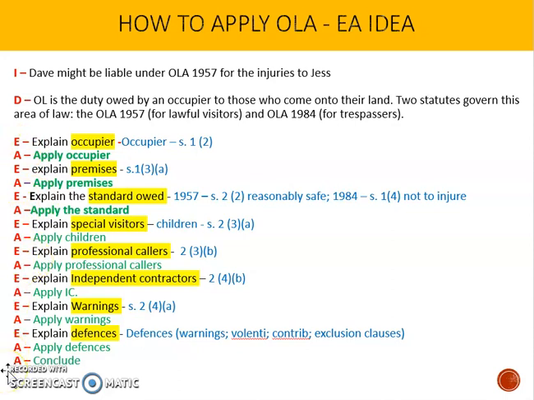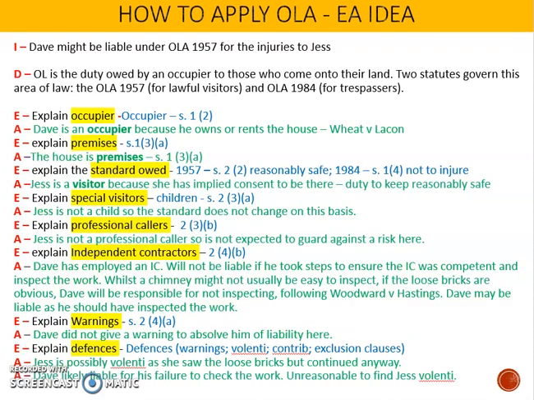Another advantage is you're less likely to miss a point out, because if you do a big chunky explanation and then you apply at the end, you might forget to apply something you've explained. So this is actually quite a nice structure on occupiers' liability.